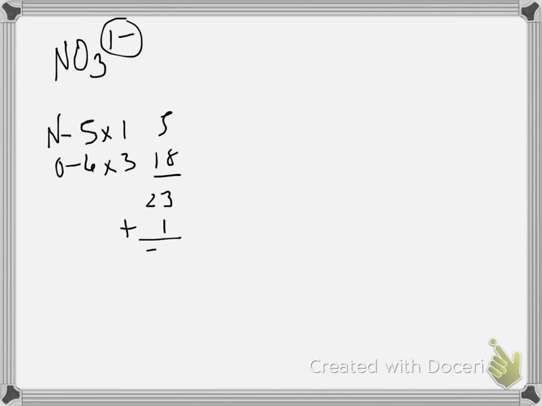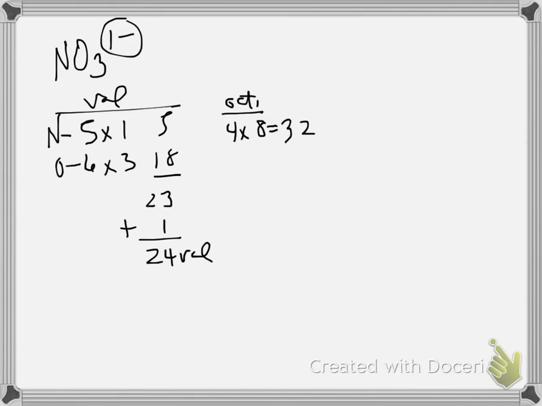So plus 1, we have 24 valence. For octet, if every single atom here was happy, and there are 4 of them, we would have 32 octet.